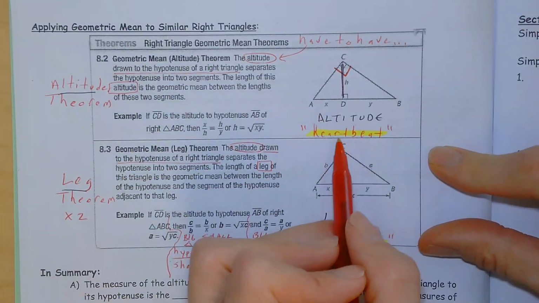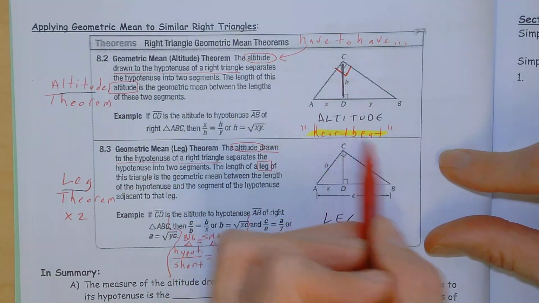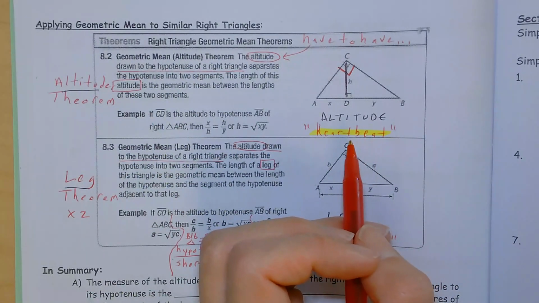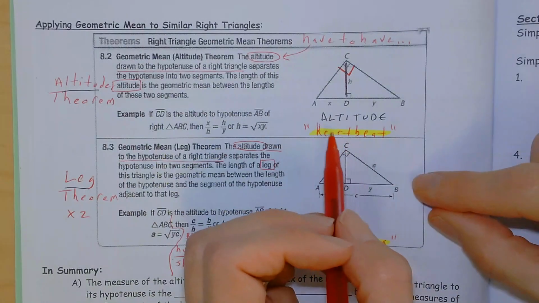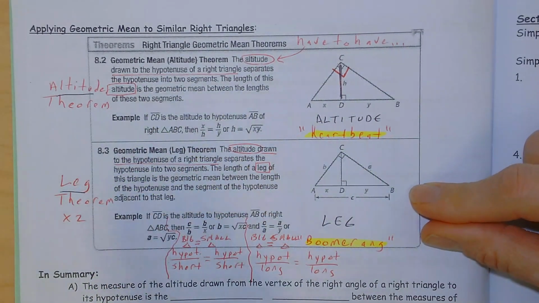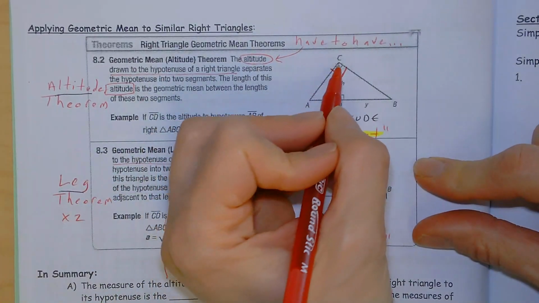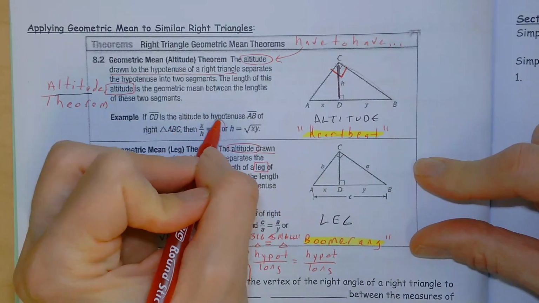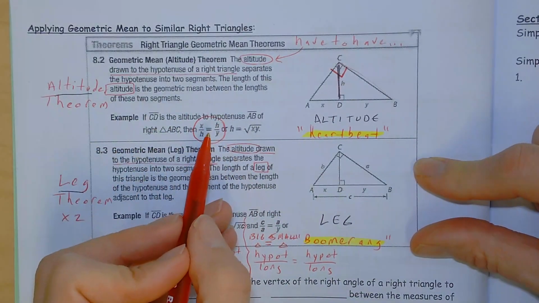All right, so I'm going to call this theorem the heartbeat. And this theorem is going to be called the heartbeat because if you remember what a heartbeat looks like on a monitor, then you would be able to fill out this theorem. So that's going to help us in just a second. The gist of this theorem says this. If the big mom and the little kids are similar to each other, then their body parts will match up proportionally.